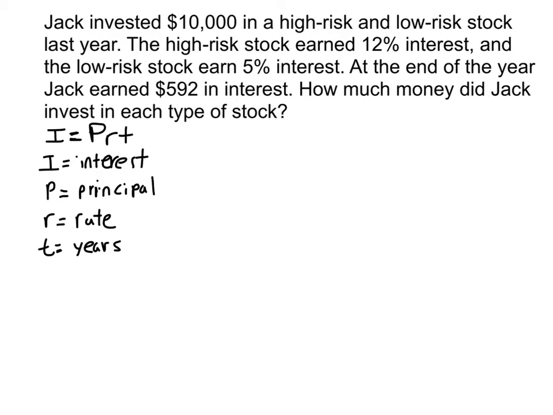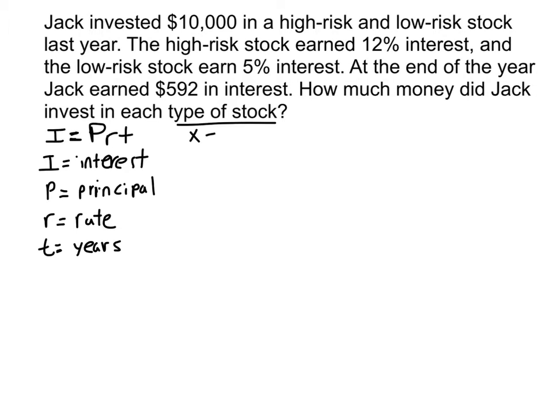Okay, so there's two things that we don't know. We're trying to figure out how much money Jack invested in each type of stock. What we don't know is how much he invested in the low risk and how much he invested in the high risk stock. So let's go ahead and define our two unknown variables.